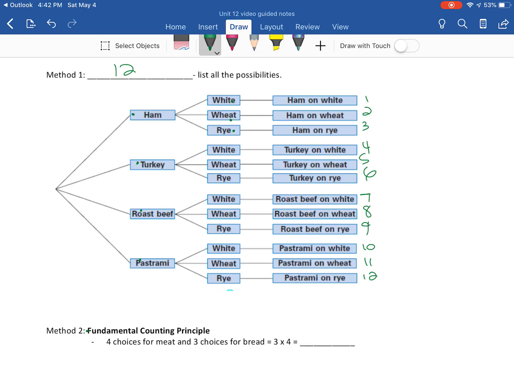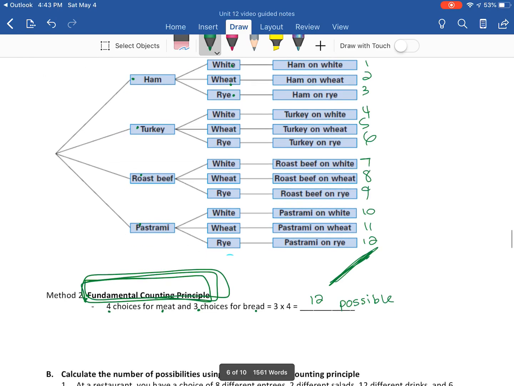Based on the fundamental counting principle, you would take your 4 choices for meat and your 3 choices for bread and multiply them together. Well, 3 times 4 tells us that there are 12 possible sandwiches based off of our 4 choices for meat and 3 choices for bread. So we got the same answer, we just got it a lot faster, and that is what the fundamental counting principle does. Let's look at a couple more situations.